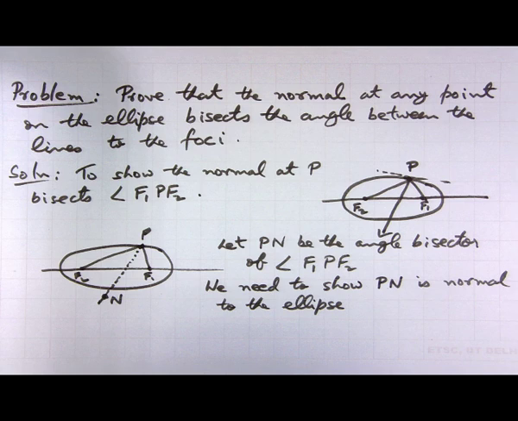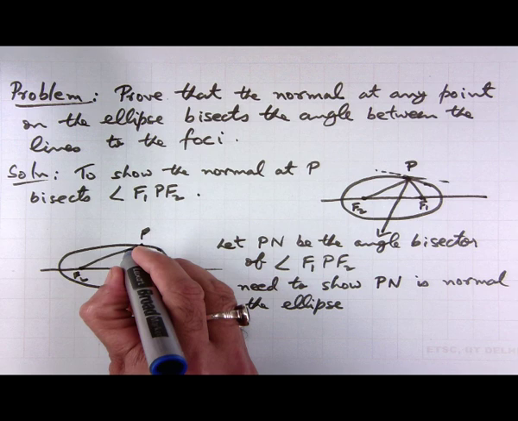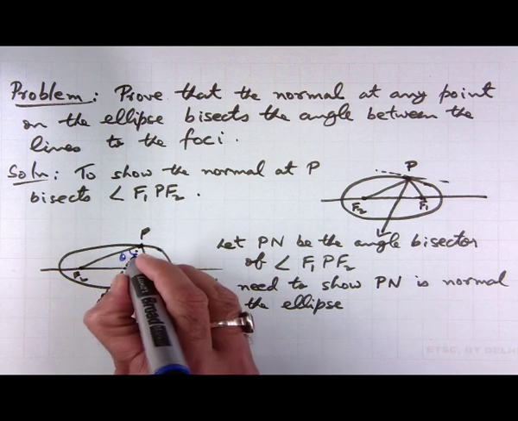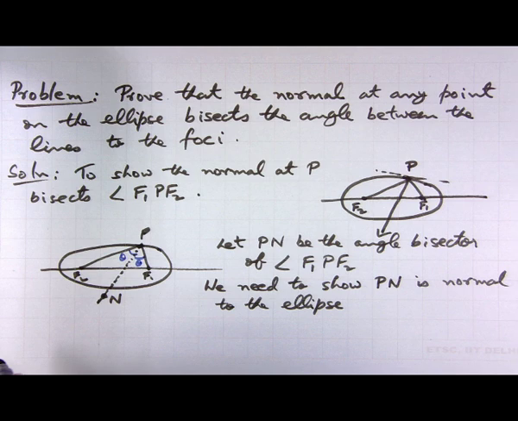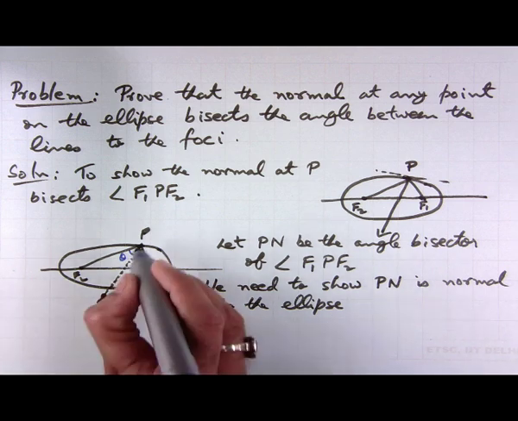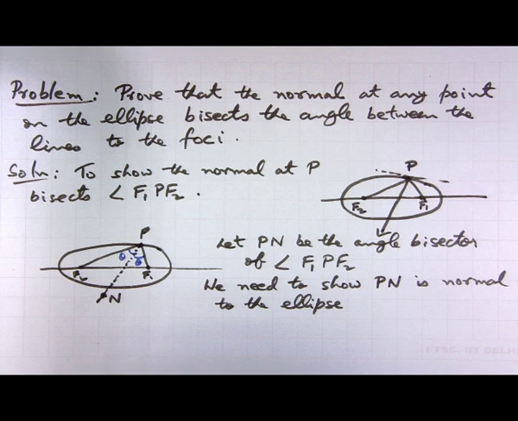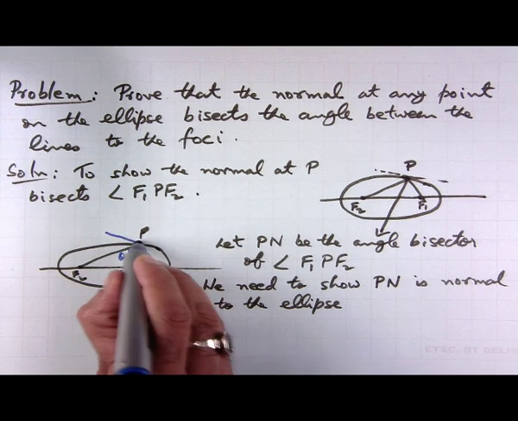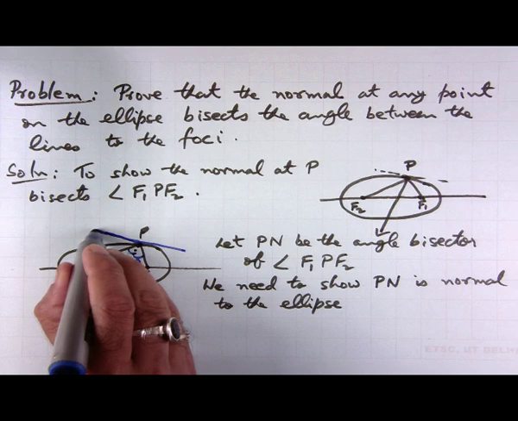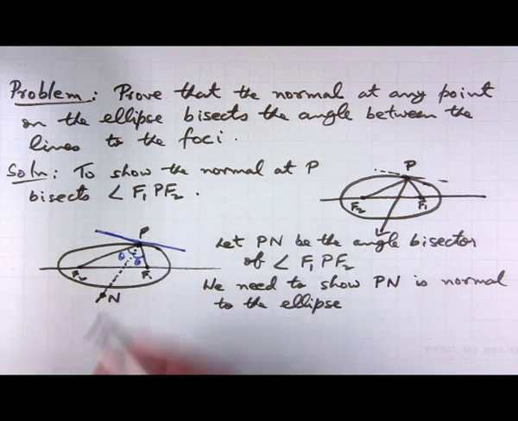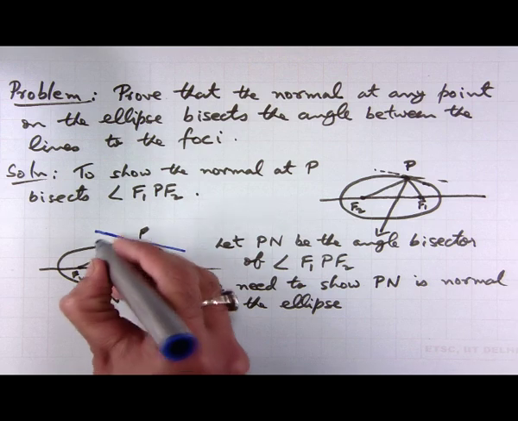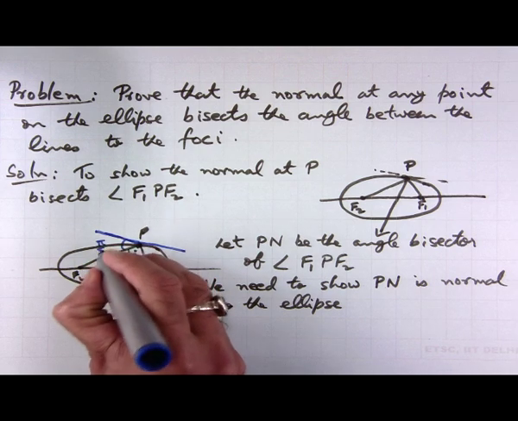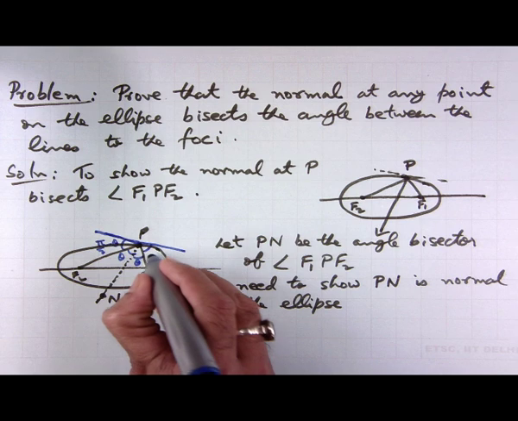Since we have taken this angle bisector, let us call these angles theta. Now, let us look at the line which is perpendicular to this P n. Then this angle is pi by 2 minus theta, this is also pi by 2 minus theta.